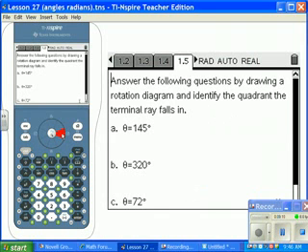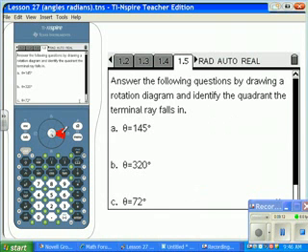So if we want to draw a rotation diagram, all we're drawing is the axes. And we know if we're drawing an angle, where are we starting? On the x-axis, and we call that what position? Standard. Okay, so I want 145 degrees.